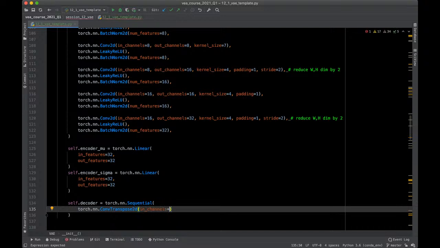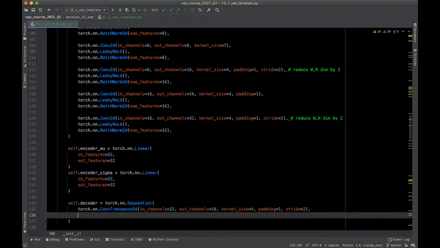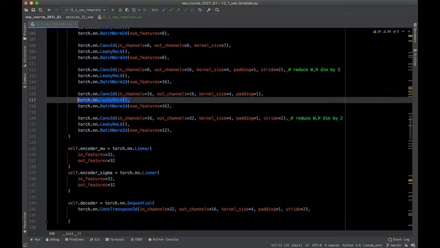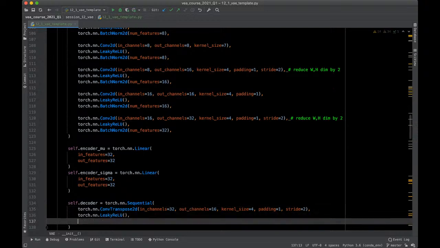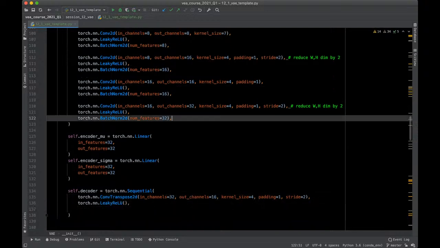So 32 in channels, 16 out channels, kernel size 4, padding 1, stride 2. So this will be this. Then there will be the leaky ReLU. Again, the leaky ReLU just because it is a little bit better than the simple ReLU since there are no dead neurons then.